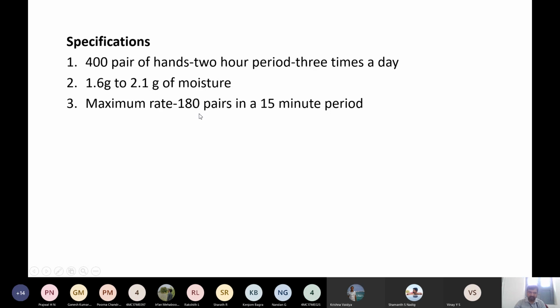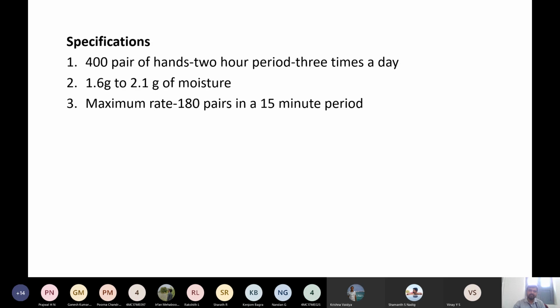That is 180 pairs in a 15-minute period. That means your hand dryer should remove moisture quickly, so that 180 pairs of hands can be dried within 15 minutes. So these are the specifications for a hand dryer.